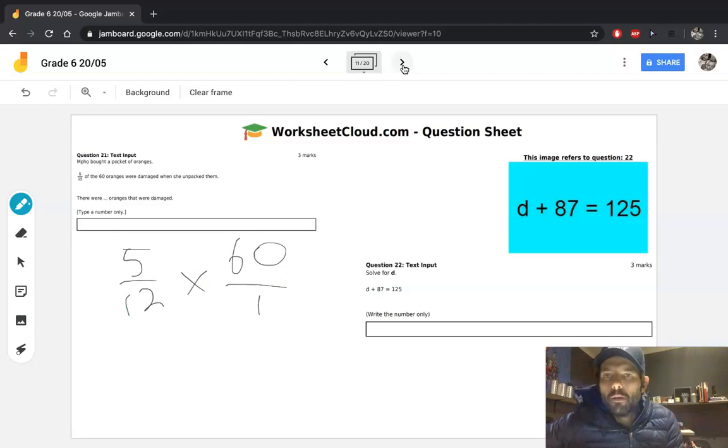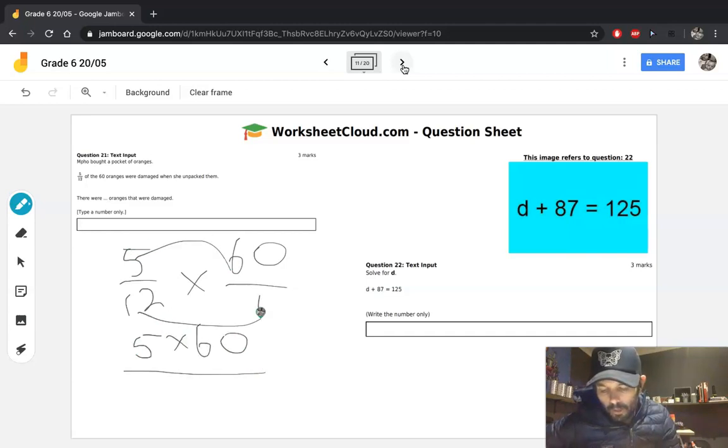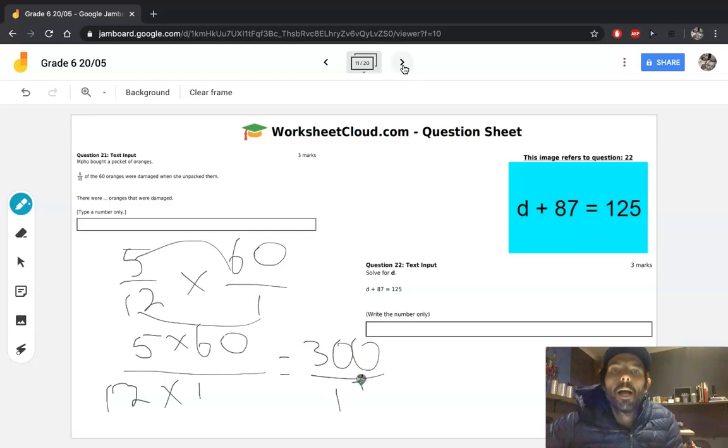Now you can just multiply the numerators, 5 times 60, and multiply the denominators, 12 times 1, and that's going to give us 300 over 12. And then, of course, we need to simplify. So we need to work out 300 divided by 12. Alternatively, we can divide both numbers by 2, and we'll get 150 over 6.